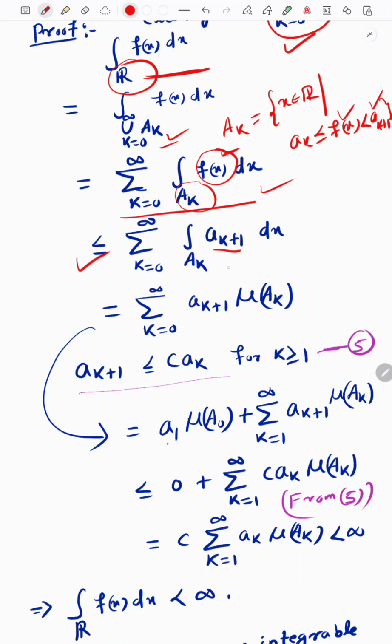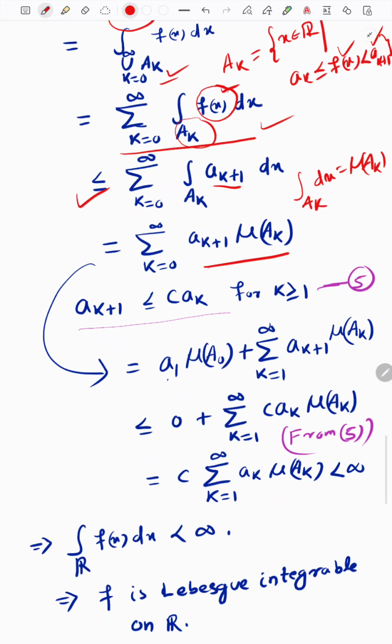Now AK is a constant quantity, so it comes out, and the integration of AK dx is nothing but the measure of AK. Okay. So it gives this thing. At this point one can apply this relation, but be careful, we cannot apply this relation directly. Why? Because this relation is true for k greater than or equal to 1, but our k is ranging from 0 to infinity.